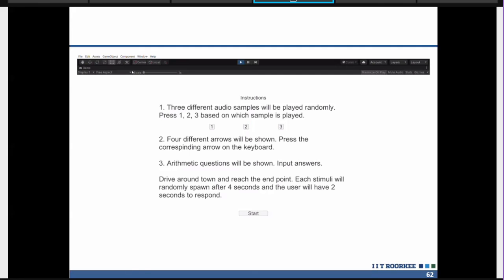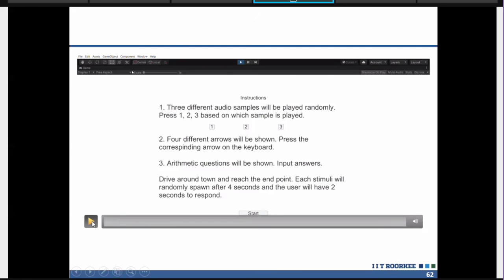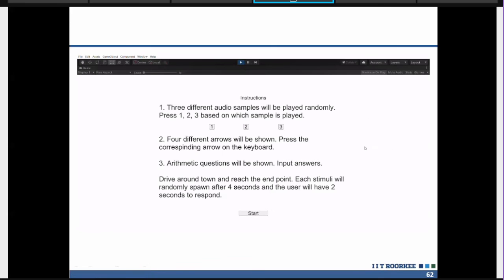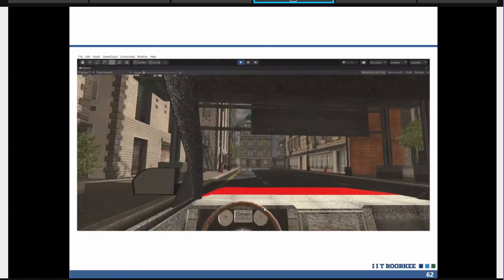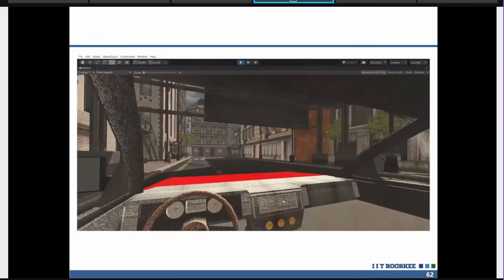I'm just showing you some simulated mental workload. For example, we play some music, and then we show the instruction: drive around town and reach the end point. Then some numbers and questions will come, and the person needs to answer accordingly.